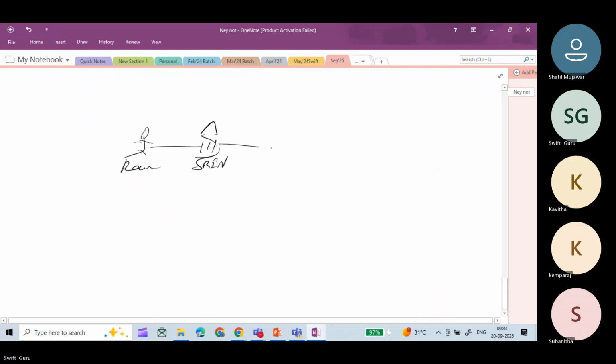Now Ram wants to make a payment to a customer who holds an account in Standard Chartered Bank US. Let's say the customer's name is Sam. But State Bank of India and Standard Chartered Bank US don't have any relationship.